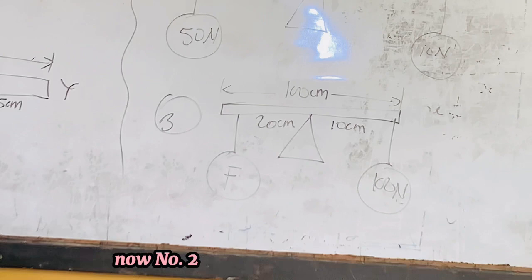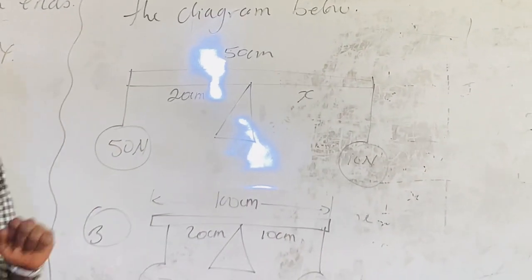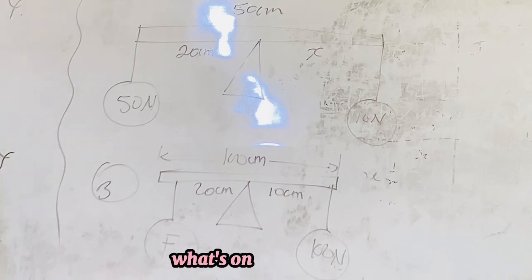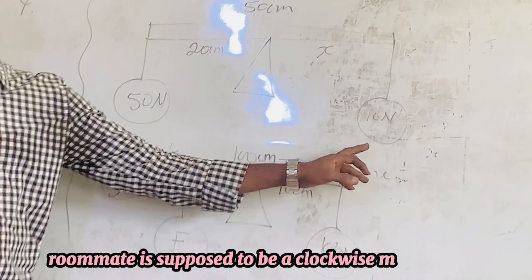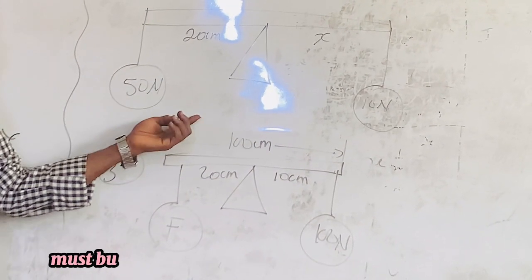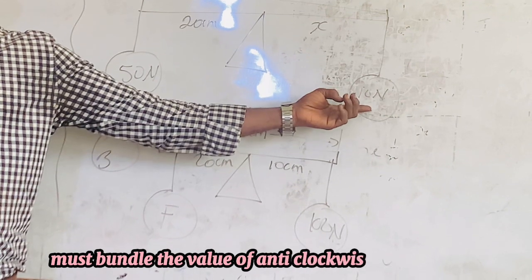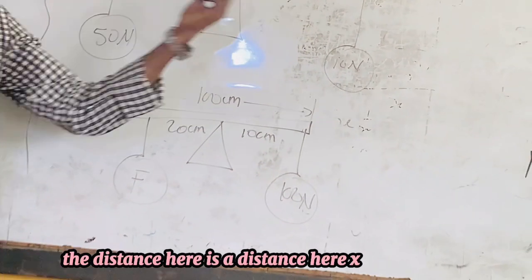Now, number 2. What is the value of x? Who has an answer? We know that clockwise moment equals what? Anticlockwise moment. So the value of the clockwise moment balances the value of the what? Anticlockwise moment. So what is the value of x? The distance here, x.